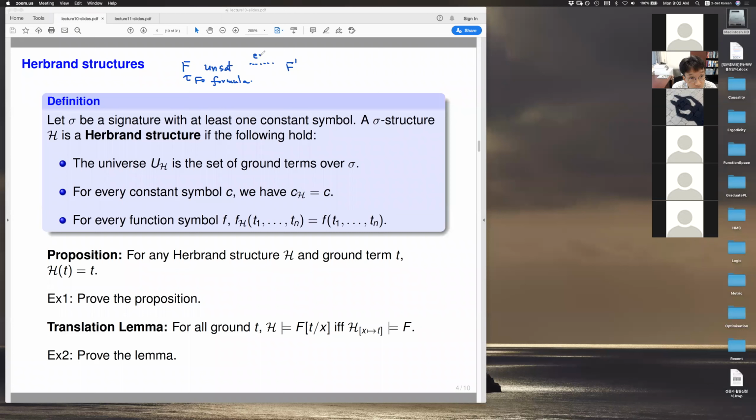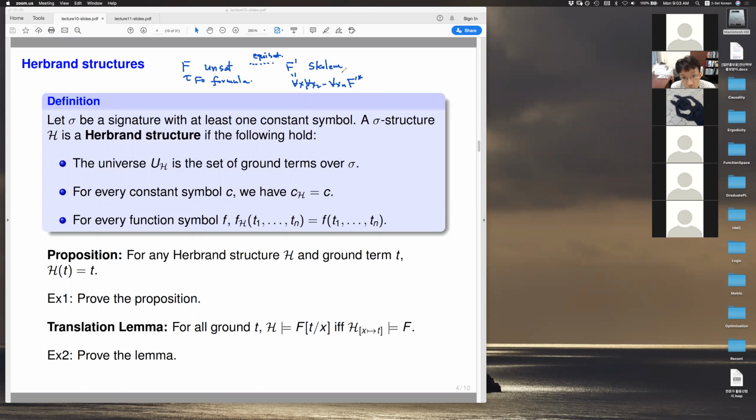It's a satisfiability-preserving transformation, but F prime is going to be in the Skolem form. Which means that F prime will always be of the form: a bunch of universal quantifications, followed by, sometimes we call it the matrix, the quantifier-free formula, which I wrote as F prime star.